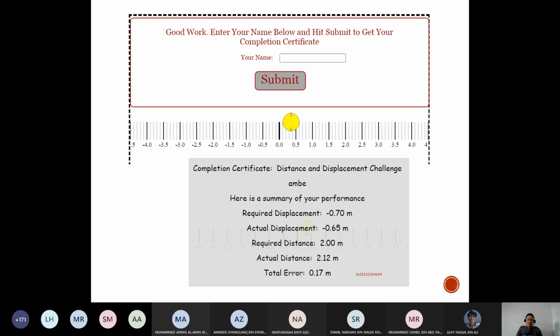You still have time. This is to enhance your knowledge about distance and displacement. We have Adam, Bakhtia, Alif, Salahuddin. Good, I think about 12 students.